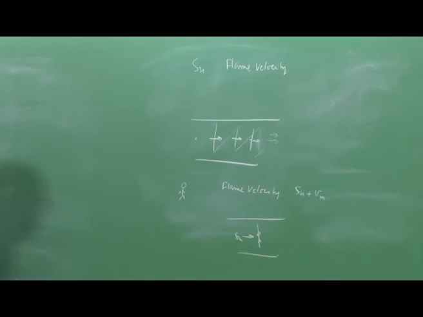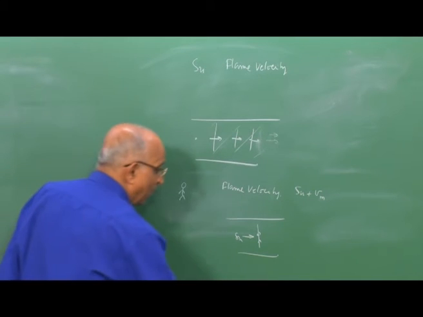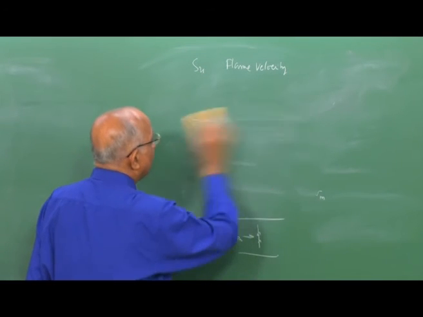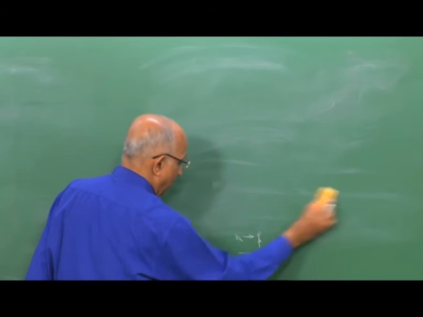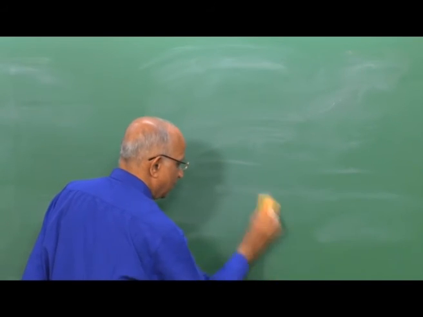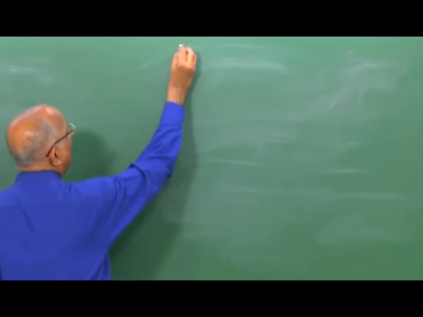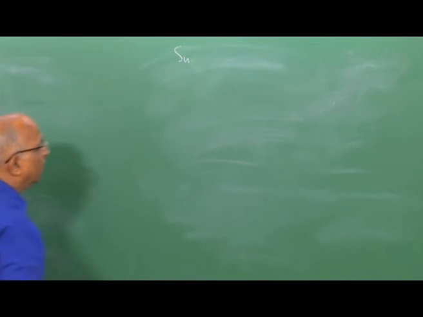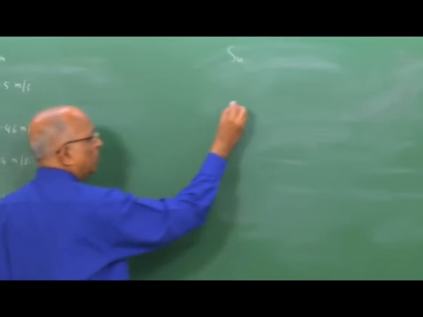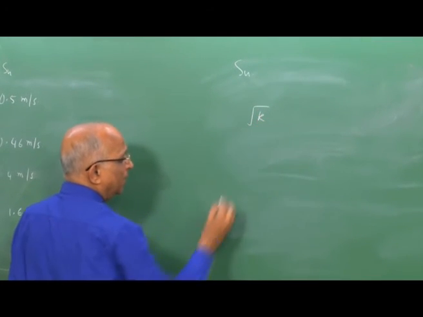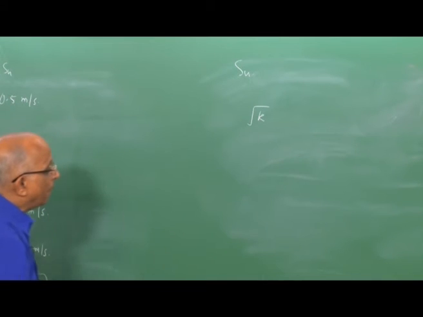Therefore, now we say, well, I know the speed with which a flame or a combustion wave propagates, which I call the unburned gas velocity. Now, if I say unburned gas velocity, we also find it was proportional to the square root of k, that means the thermal conductivity.